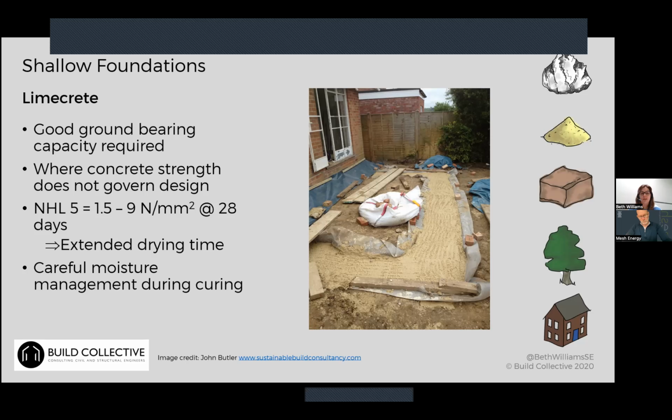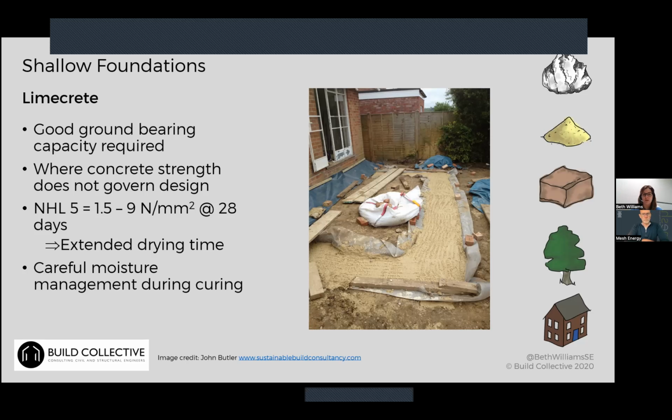In concrete, that's often 28 days, but you can get a significant range in compressive strength at a 28-day period in limecrete, which you don't get so much of in concrete. Because of that, you need to be really careful about curing limecrete and managing the moisture whilst it's curing.